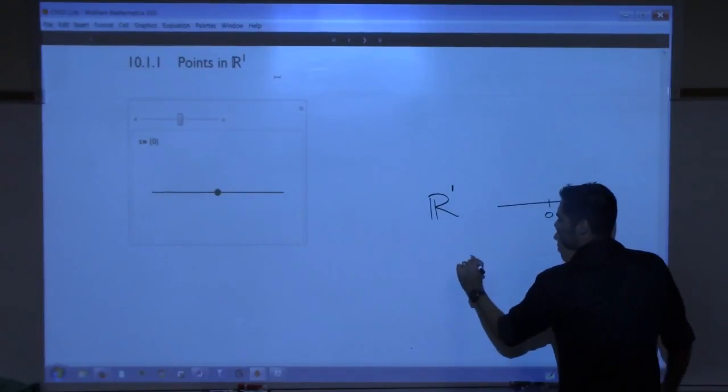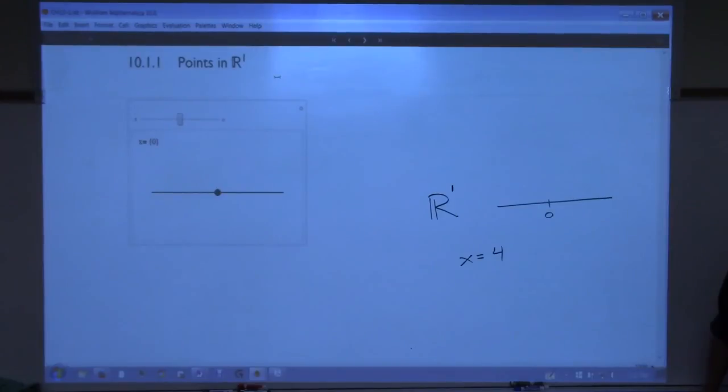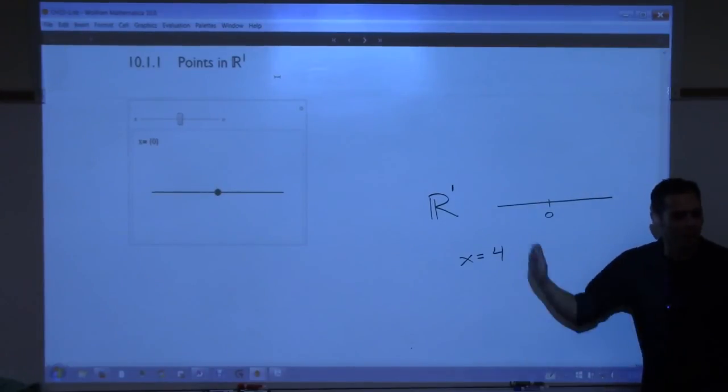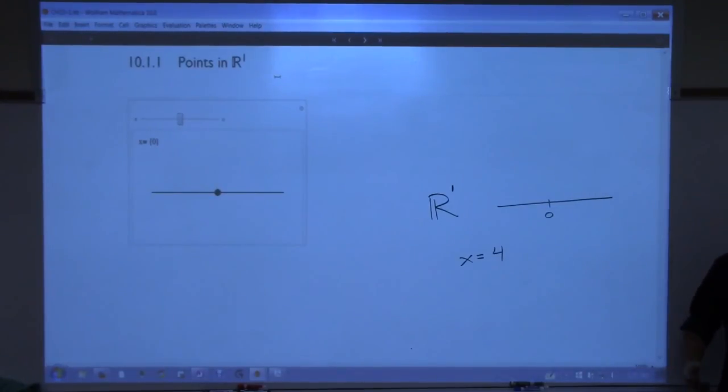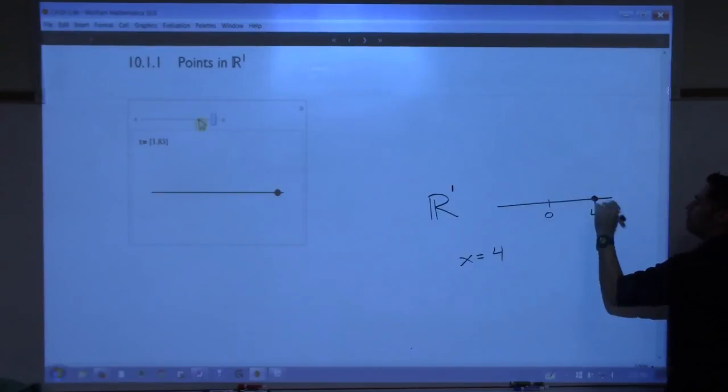If I tell you to describe to me what is x equals 4, what would x equals 4 be in R1? A point, isn't it? It's a point on that line. So I just move out to 4, and we have a point, right?